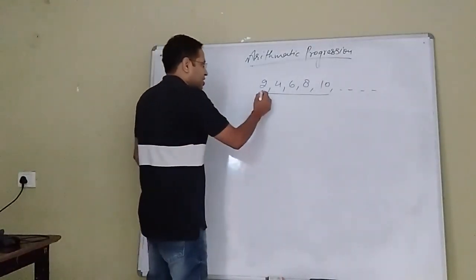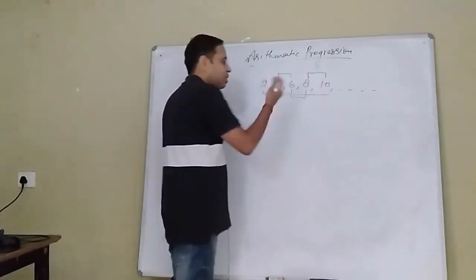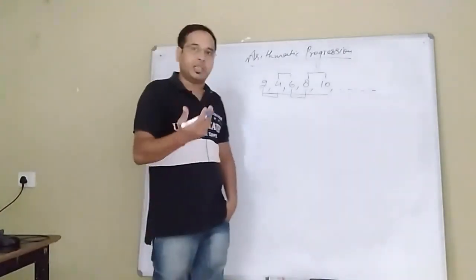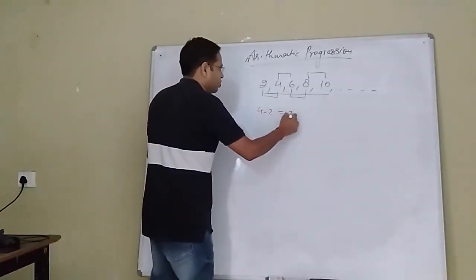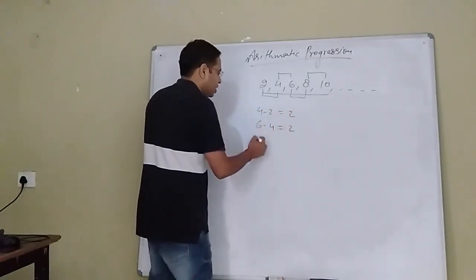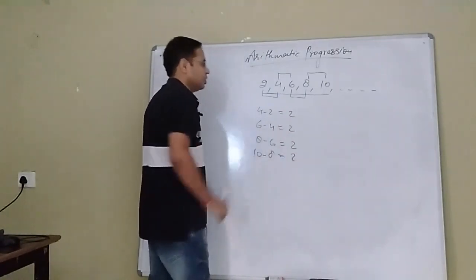Means the difference between any two consecutive terms is constant, है ना? किसी भी consecutive दो terms के बीच में अगर हम difference निकालें, that is a constant. For example, चलो देखो, 4 minus 2 is 2, 6 minus 4 is 2, 8 minus 6 is 2, 10 minus 8 is 2, isn't it?